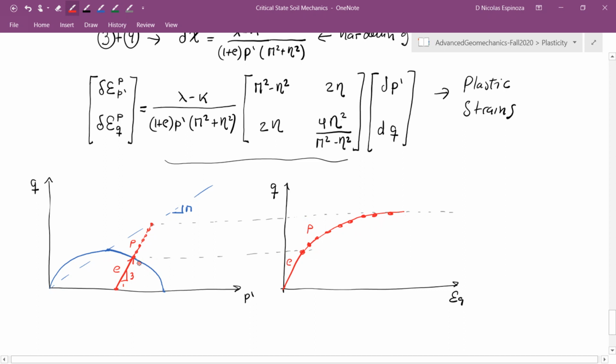And again, you have to use here small increments of dq and dp in order to obtain these strains that now include the plastic part. And you will do that through that matrix.